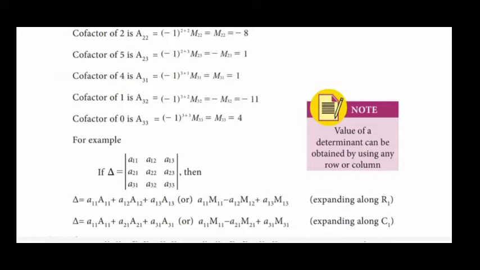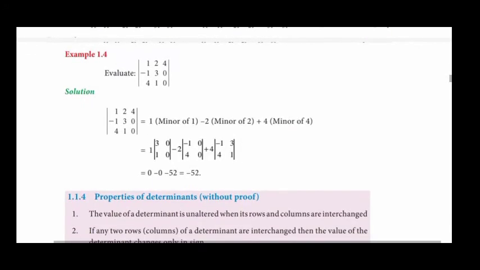It may be the first row, second row, or third row, or you may expand the first column, second column, or third column. Whatever it may be, you are getting the same answer. Therefore value of the determinants can be obtained by using any row or column. This is the important concept regarding the matrices while finding the value of the determinants.